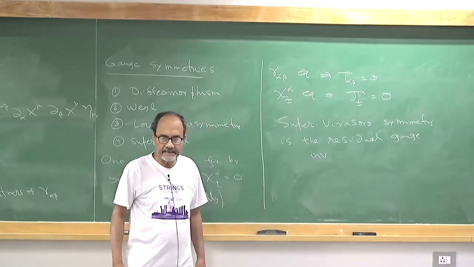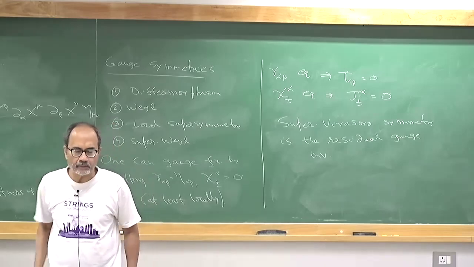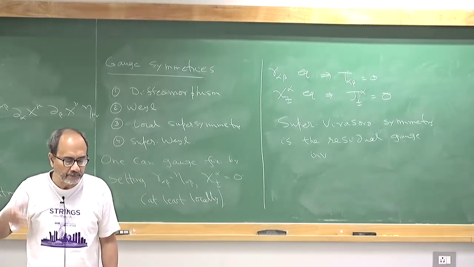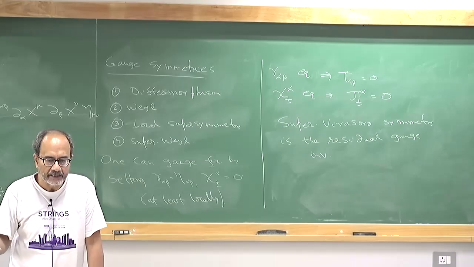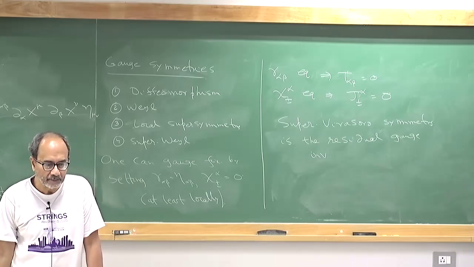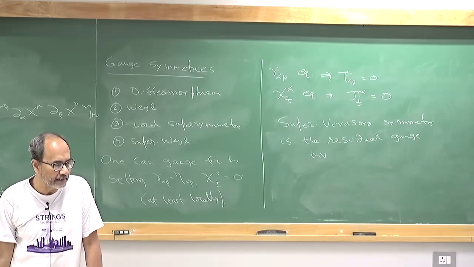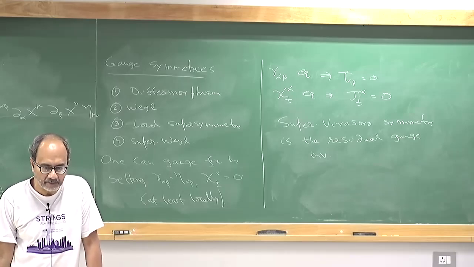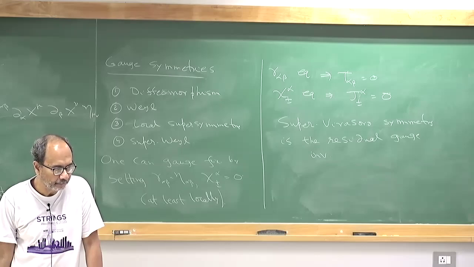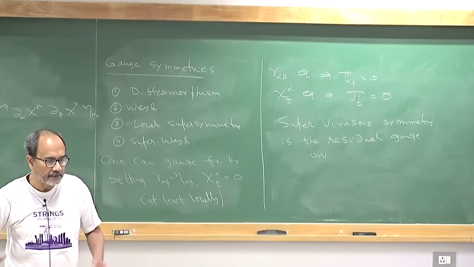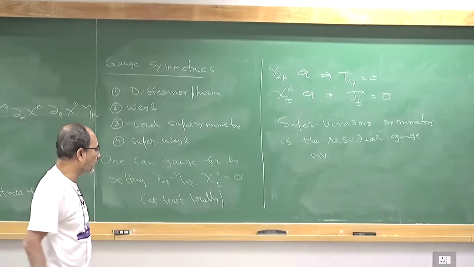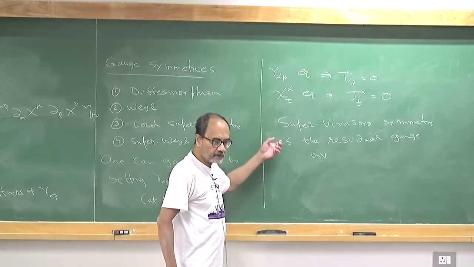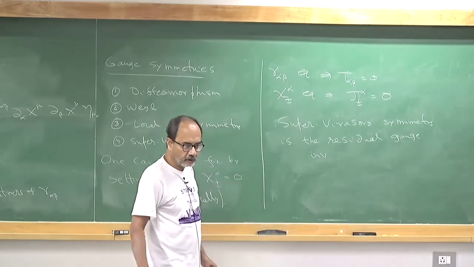And that basically says that the local supersymmetry transformation has not been fixed completely. Because if it had been fixed completely, you wouldn't get epsilon plus as a function of u generating symmetries. You wouldn't even get the rigid supersymmetries if you had really fixed the symmetry completely. So that is the residual gauge symmetry, and that's what is responsible for the super Virasoro symmetry that we saw.